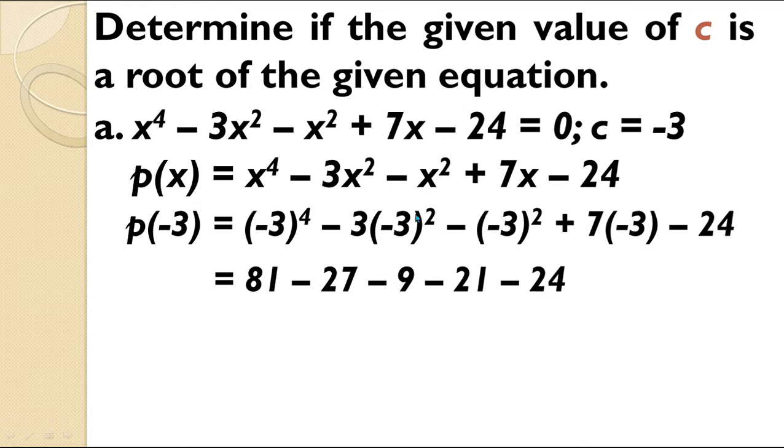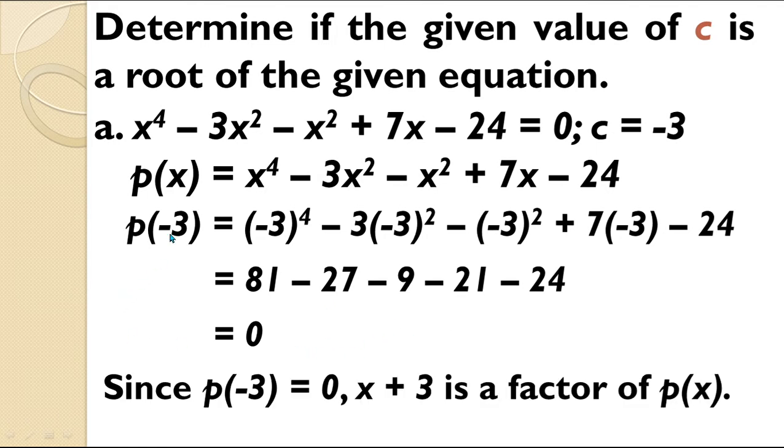So negative 3 raised to 4 ay 81. Then cube of negative 3 ay negative 27. Then minus the square of negative 3 ay 9. Then plus 7 times negative 3 ay negative 21. Then copy minus 24. And when you simplify, magiging 0.